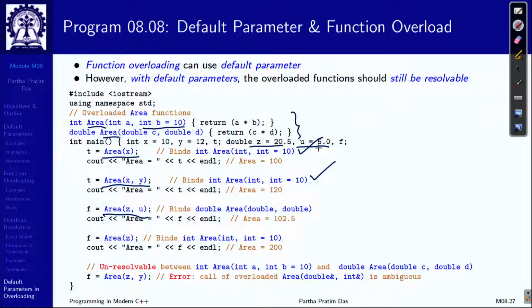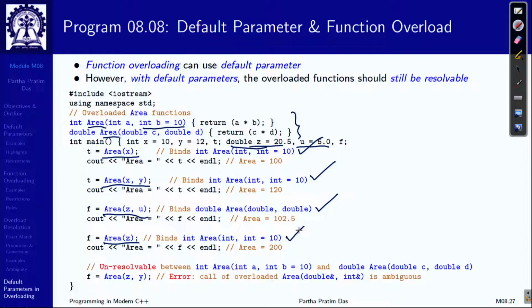So, out of the 2 viable functions, the second function has a perfect match, as an exact match. But suppose you call it with area Z, where Z is double, then naturally there is only one viable function, which is the first one, and therefore, it will still be able to bind, but it will go through a conversion from double to int.